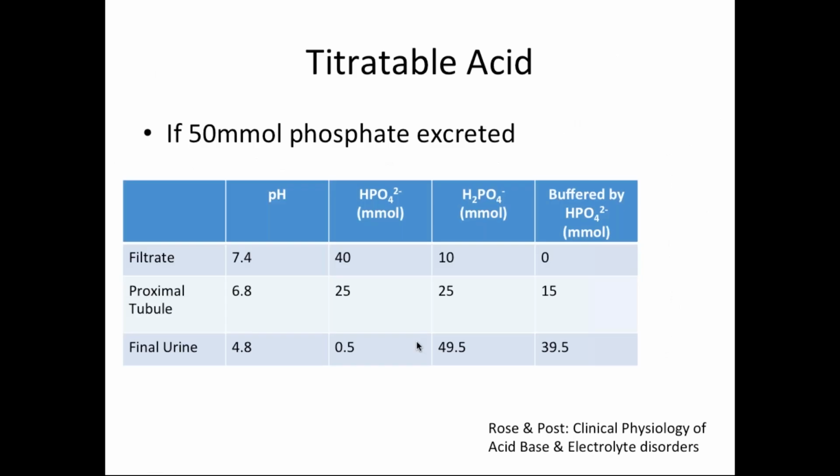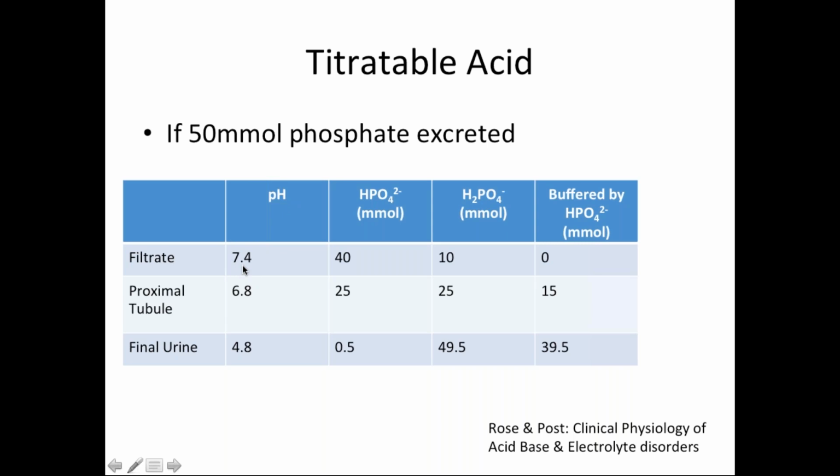So how does the phosphate, being a buffer, work during the transport from where the phosphate is filtered to when it is excreted in the urine? The pH plays a big role in that. If you look at the pH of the filtrate, it has a pH of 7.4.